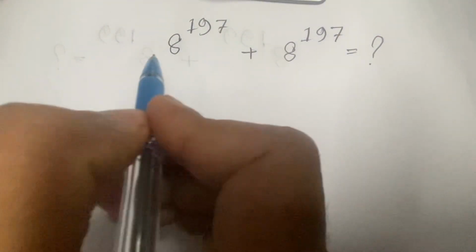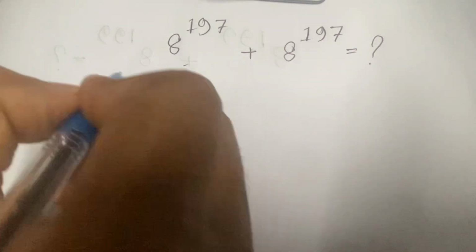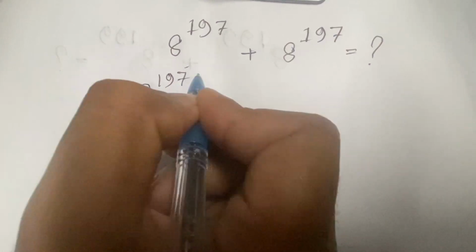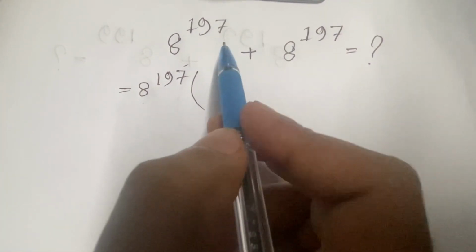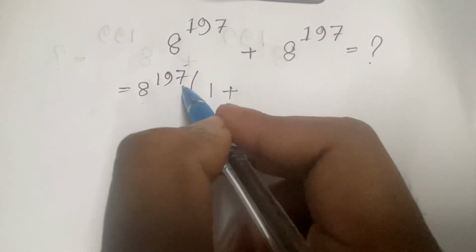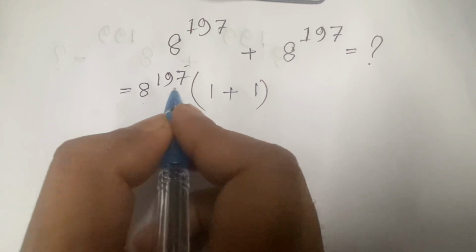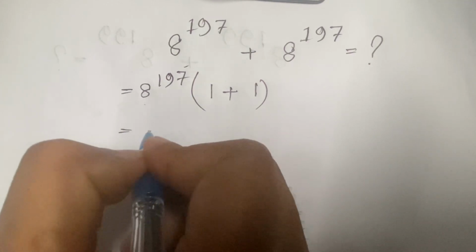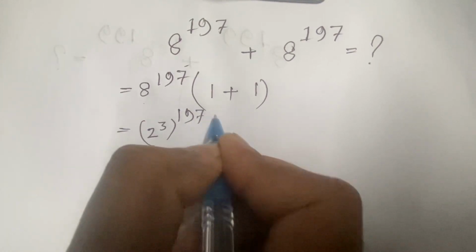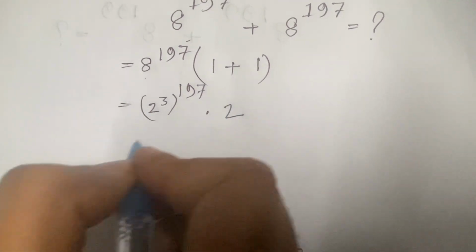How to solve a to the power 197 plus a to the power 197 is equal to what? At first we take common a to the power 197, first bracket start, this divided by this, that means 1, plus this divided by this, that means 1. Now a to the power 197 is the same as 2 to the power 3, bracket, to the 197 times 1 plus 1, that means 2.